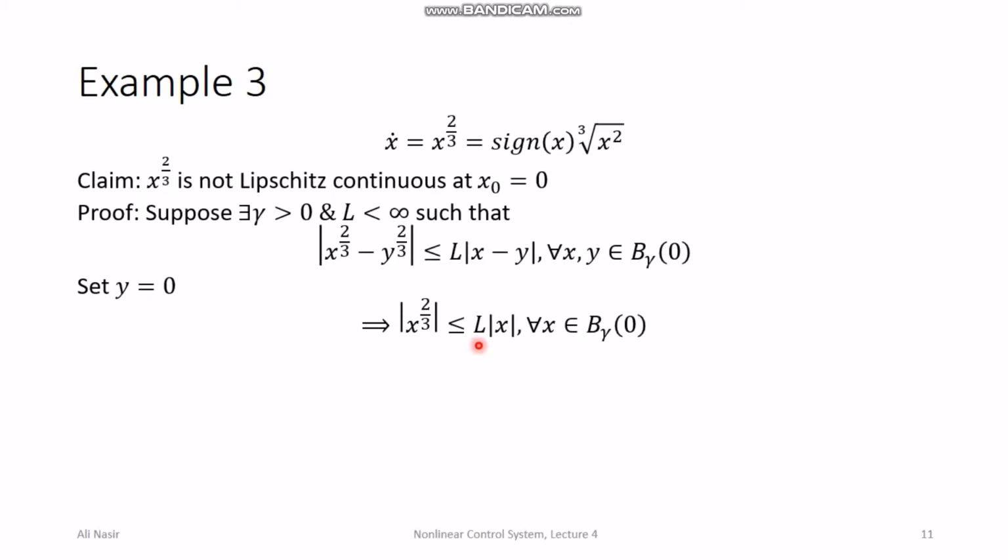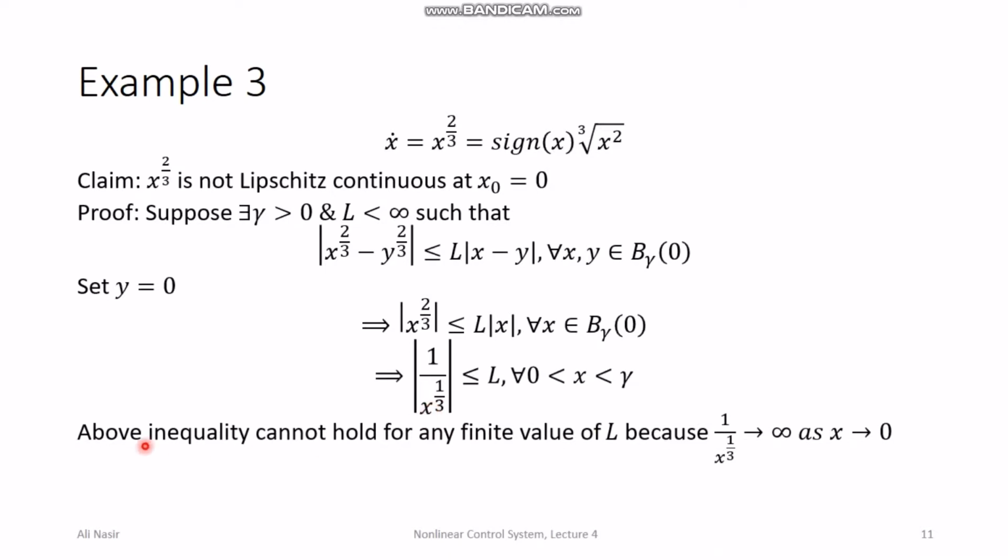Setting y equal to 0 simplifies this inequality, and if we take x on the other side, we will have L greater than or equal to 1 over x raised to the power 1 by 3. And this is a problem because the inequality cannot hold for any value of L, because 1 over x raised to the power 1 by 3 goes to infinity as x goes to 0, because 0 raised to the power 1 by 3 is 0 and 1 over 0 is infinity.